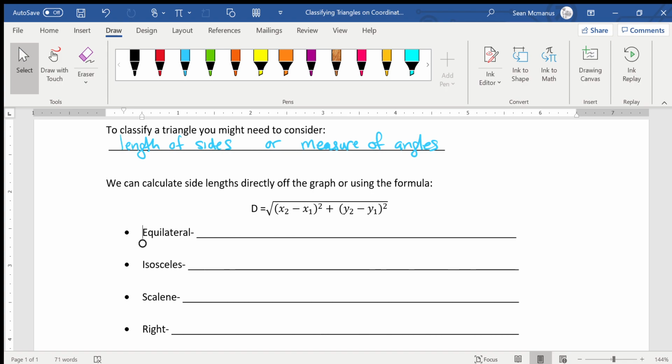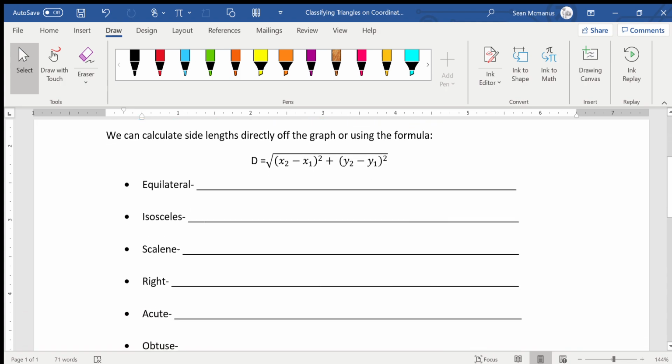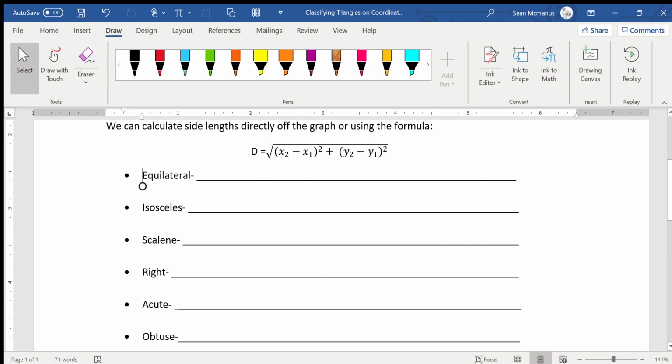We could use the actual coordinates and find the distance between any 2 points that way, doing that 3 times. We'll probably use the Pythagorean theorem most of the time because these will be points given to us that we can plot pretty easily. Once we plot these on the coordinate plane, we find the length of all 3 sides, and once we do that, we make a classification.